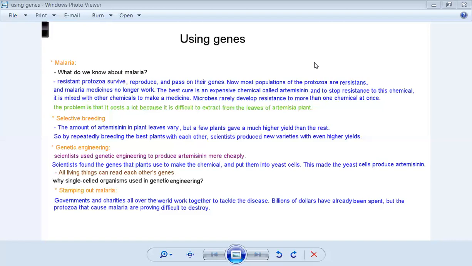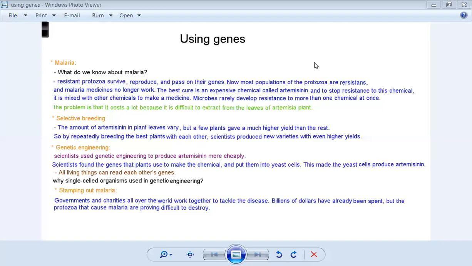And yeast is also cheaper. Is yeast a single-celled organism? Yeah, they have only one cell. So as I said, it's also cheaper to extract it from the yeast than from the leaf itself.